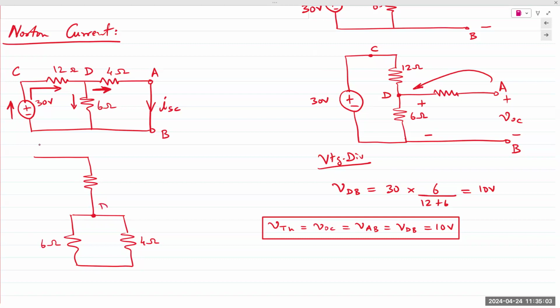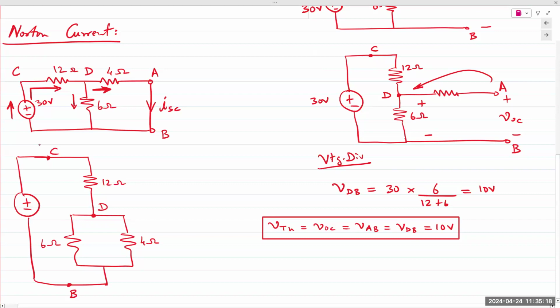This is node D, where all of them are connected together. Power supply. So this is node C. And then the power supply is connected at the other end at node B. One end of 4 ohms is A. A and B are the exact same.